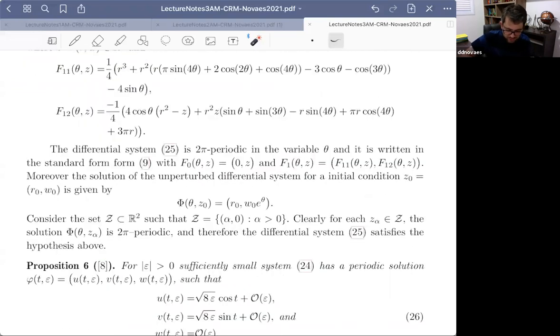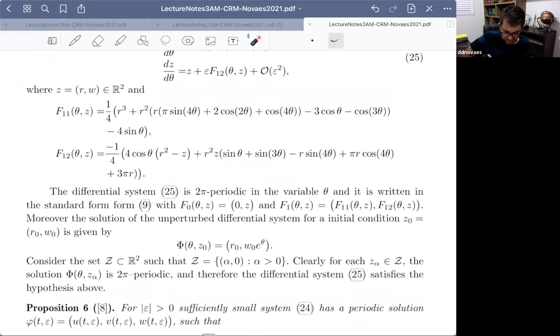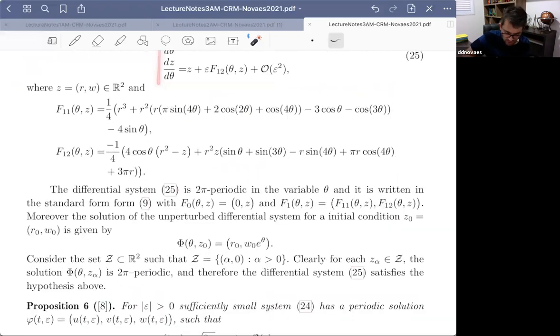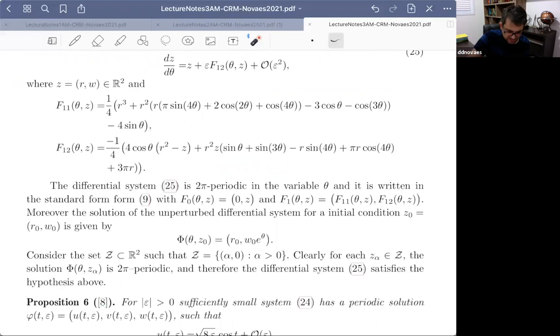Okay, so when we study the unperturbed system, the solution of the unperturbed system is given by this.